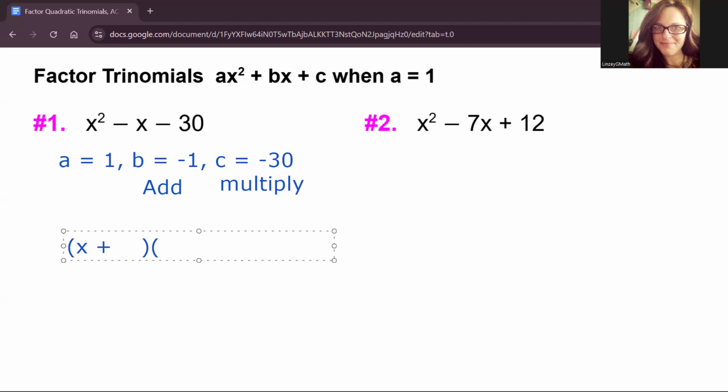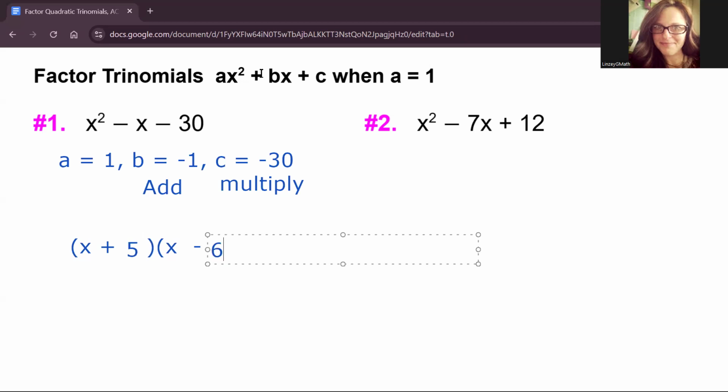Multiply to -30, add to -1. We could do +5 and -6. +5 and -6 multiply to -30, and -6 plus 5 adds to -1.